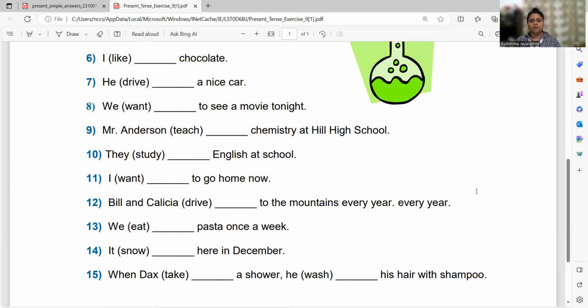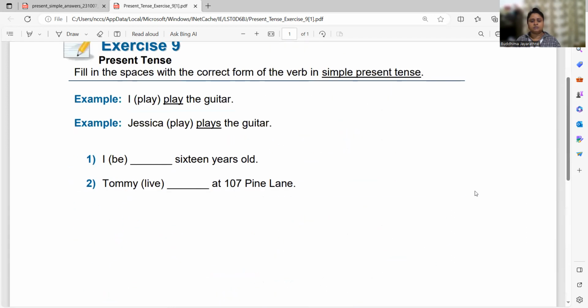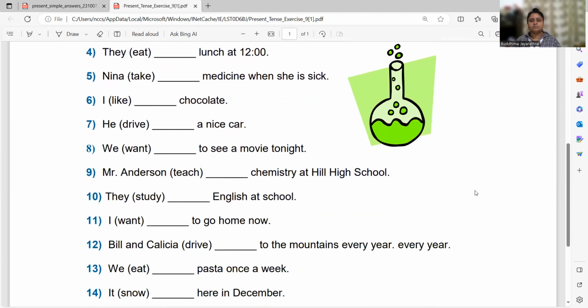So I hope that you learnt about some of the basic simple present tense forms with first person, third person, singular forms, plural forms. And also, I hope that in future, when we are learning other tenses, it will be easier for you to understand.